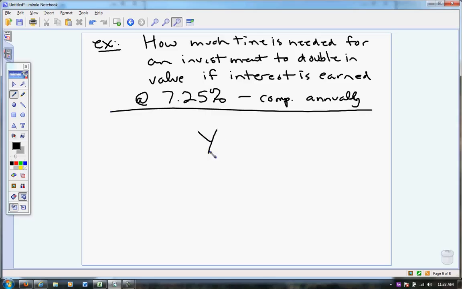I would write it down. Y equals P times a to the x. That's the first thing I would do. Now, let's think about what we're wanting here. Did they give me the principal? They didn't give me the principal. So that means I need to just keep the principal in here. But they did say, how long is it going to take for the principal to double in value?